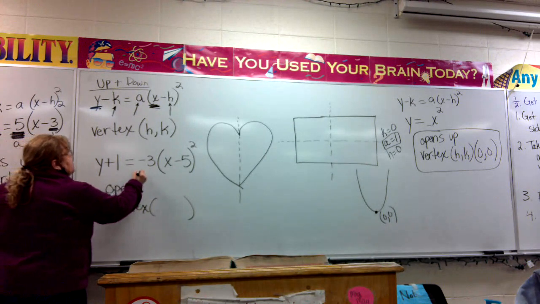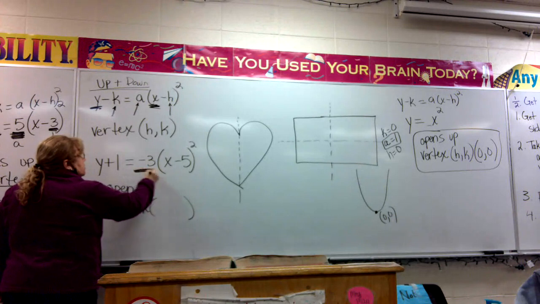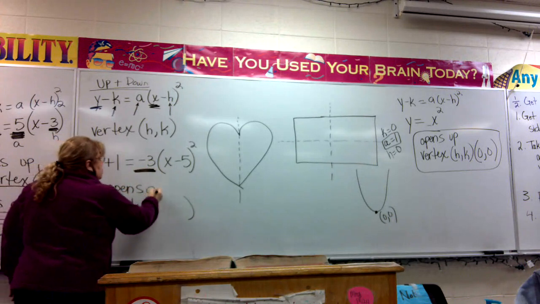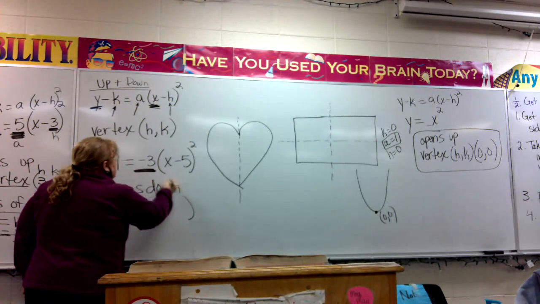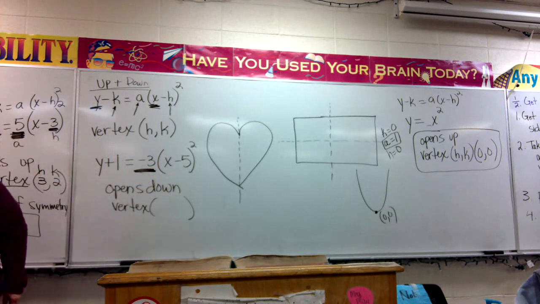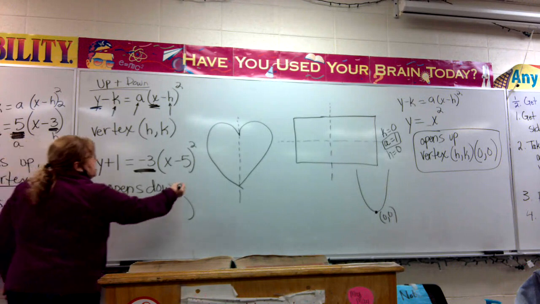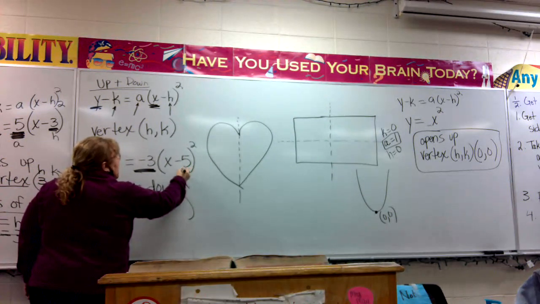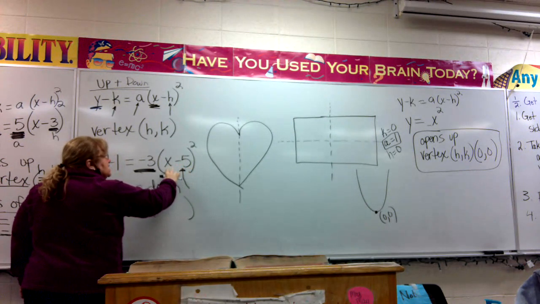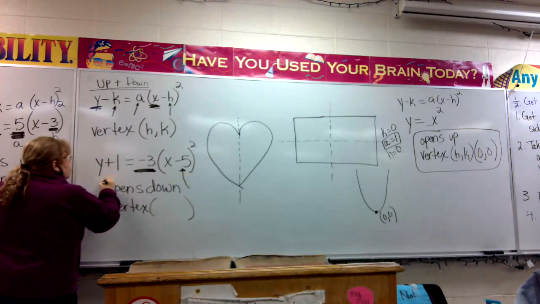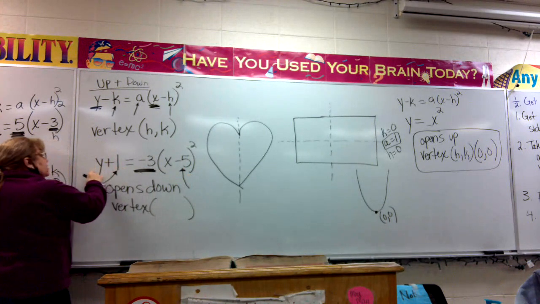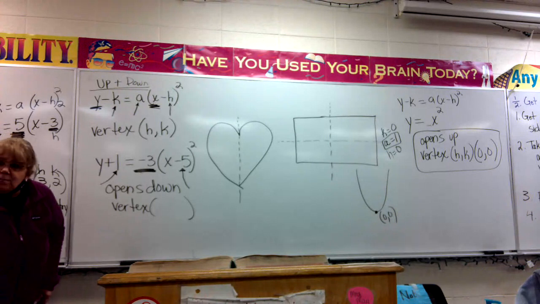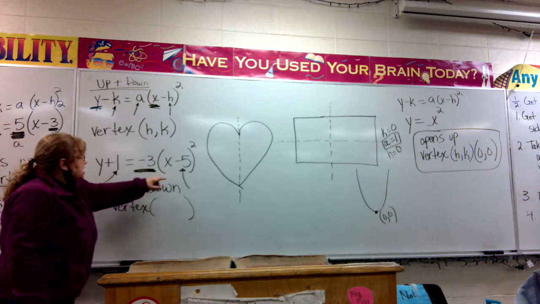So first of all, which way does this thing open? Down. It opens down because that A value is negative. Now I need the coordinates of the vertex. The x coordinate is the one with the x. The y coordinate is the one with the y. But remember, it's the opposite.